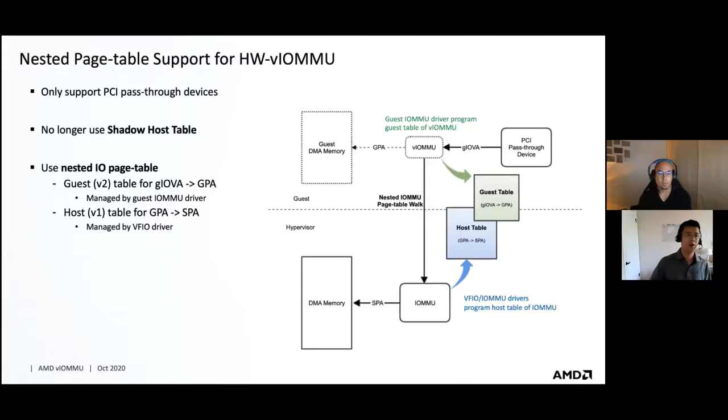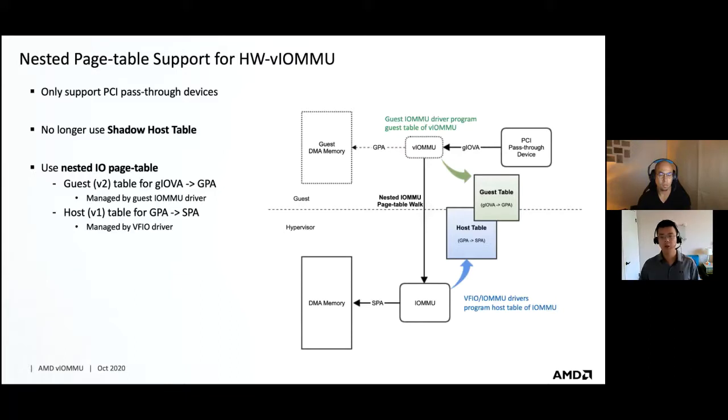I want to go back a little bit about nested IO page table support. This nested IO page table support is different from the shadow host page table support I just mentioned in the last two slides. In this new design, the guest IOMMU driver will use the V2 table, the guest table that does the translation from guest IOVA to GPA.